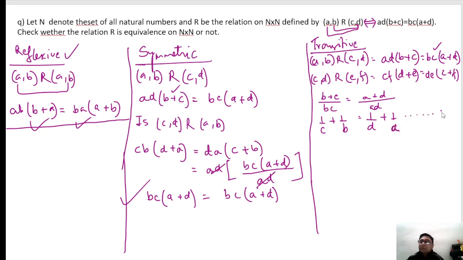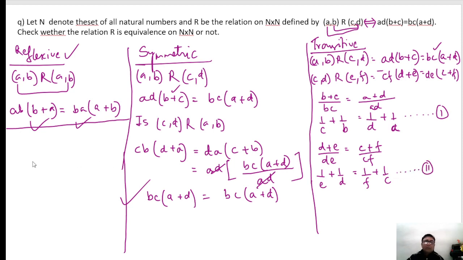So let this be equation 1. And now from the second part, I can write D plus E by DE equal to C plus F by CF. That means I can write 1 by E plus 1 by D is equal to 1 by F plus 1 by C. Let it be equation 2.